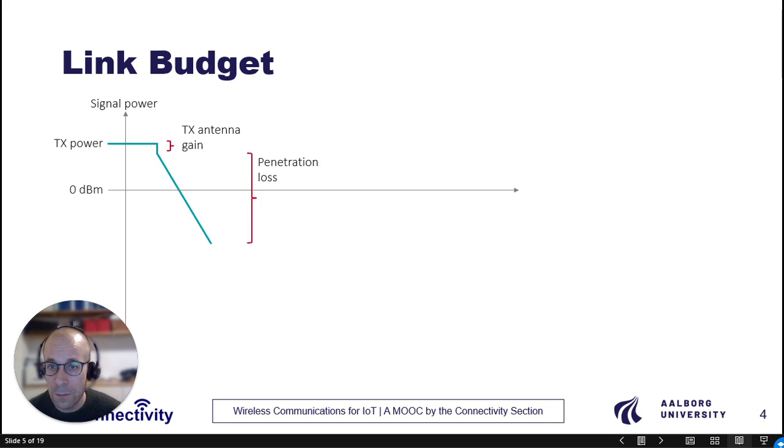Then we have the penetration loss, as I mentioned before. This is, at least in some cases, a fairly heavy loss that we have in the very beginning of the propagation of the signal. Then we have the path loss. So this is the loss going from the outdoor propagation environment up to the base station.